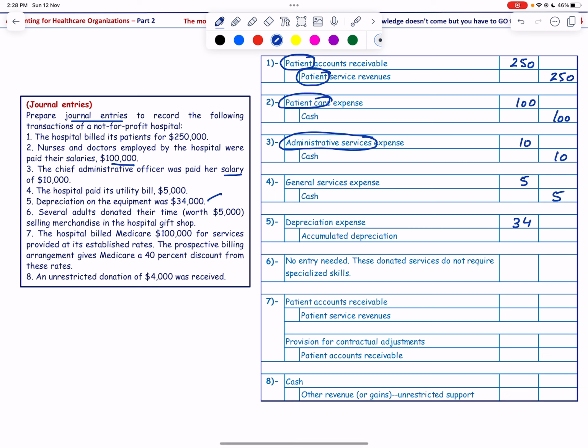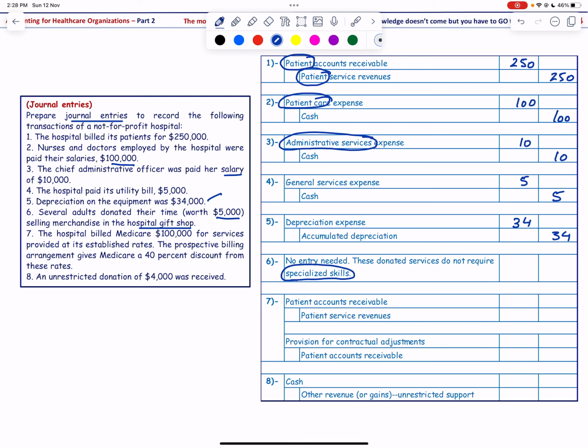Depreciation expense is debited and accumulated depreciation is credited. Then several adults donated their time worth $5,000 selling merchandise in the hospital gift shop. So we are not going to record this transaction as these services do not require specialized skills.